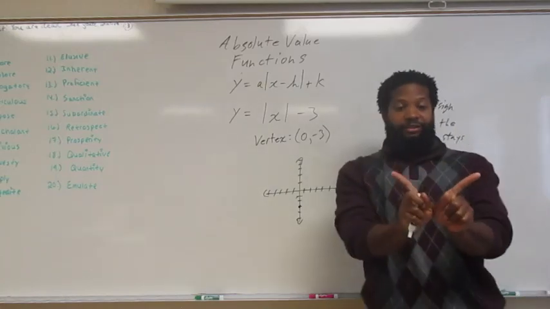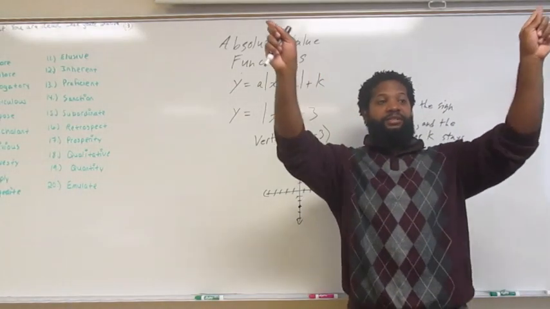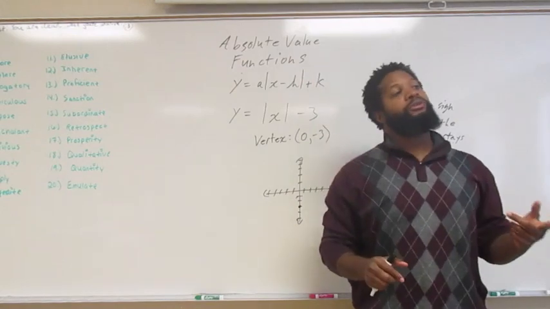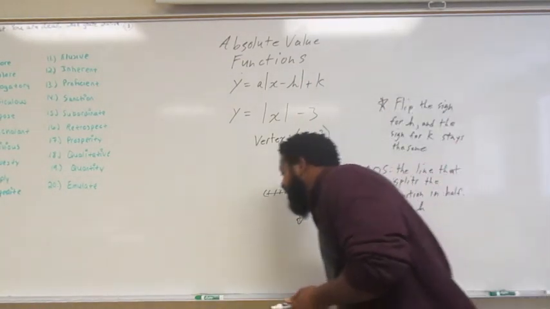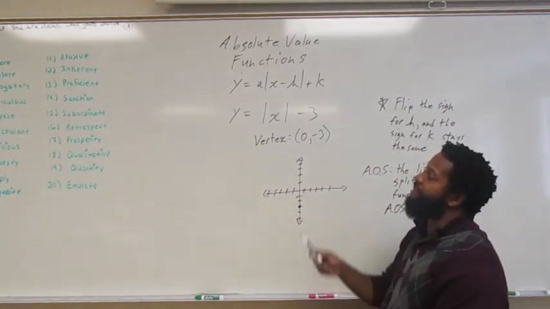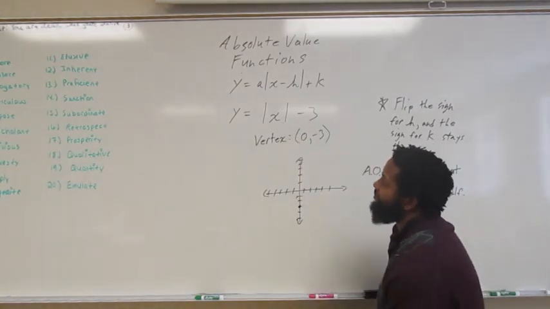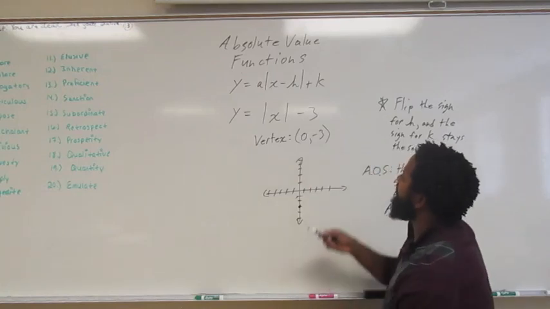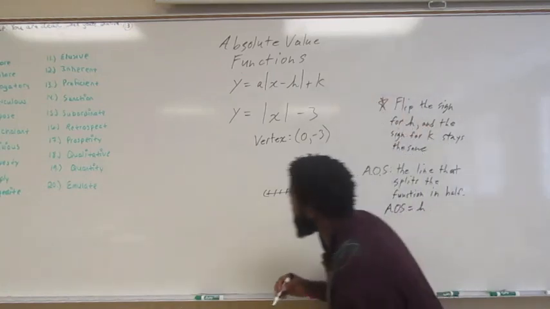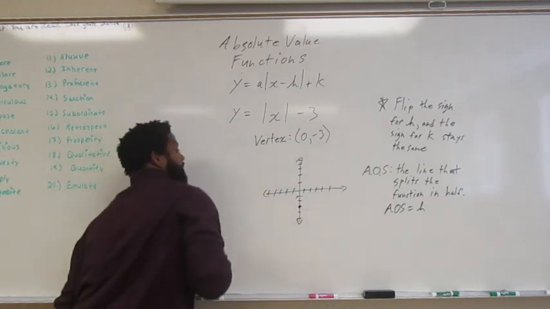So they're going up the same way, and you only have to solve for one side. For example, if my x is 1, come on this side.